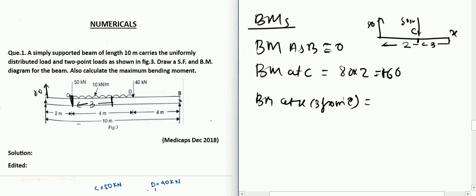There is an 80 kilonewton load here, and there is 10 kilonewton per meter into 3, which gives 30 at a distance of 1.5 from X. So this is the FBD of the left of the cross section whenever there is a zero shear force at 3 meter from C.